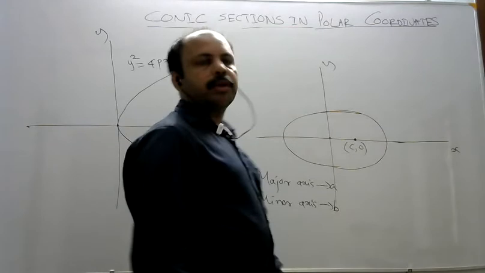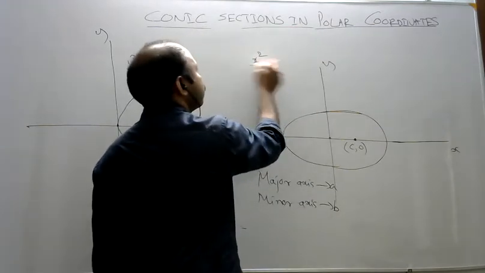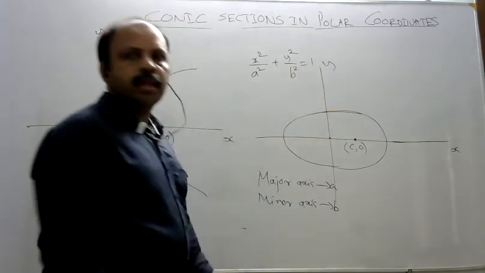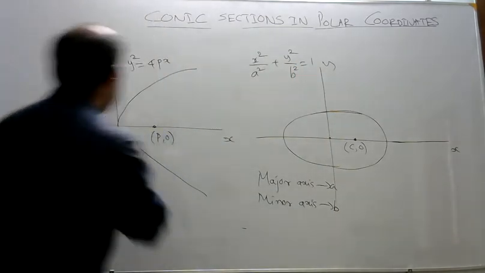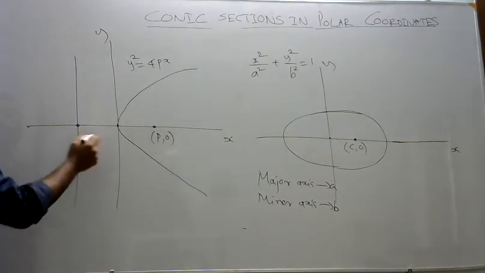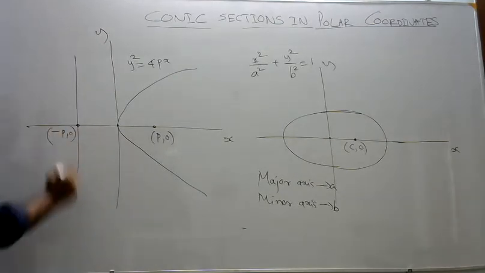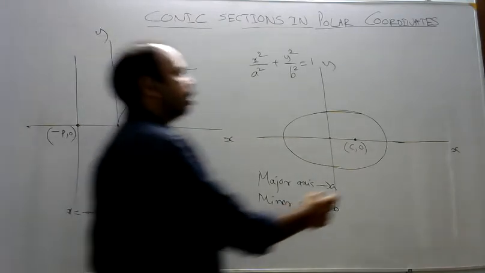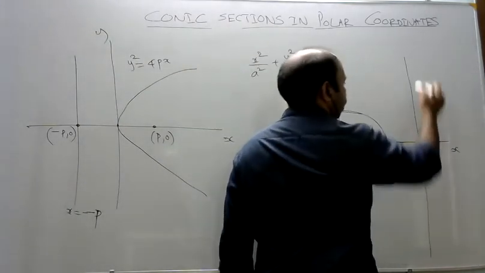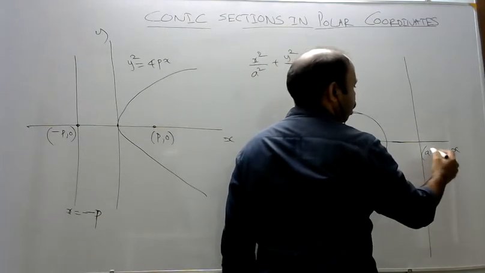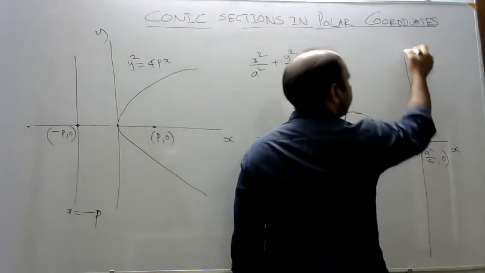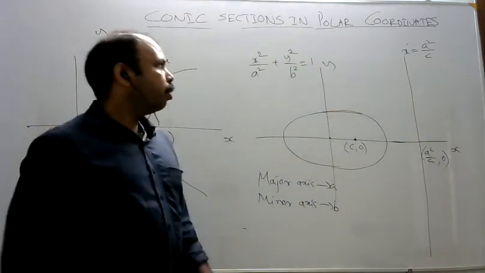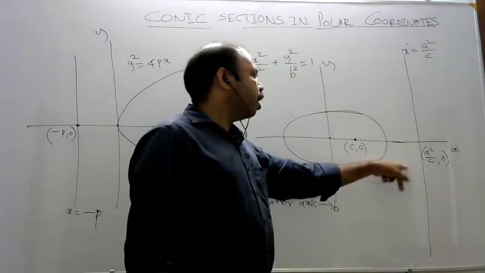Then we know that the equation is x squared by a squared plus y squared by b squared equals 1. Here the directrix is at x equals a squared by c, so its equation is x equals a squared by c.